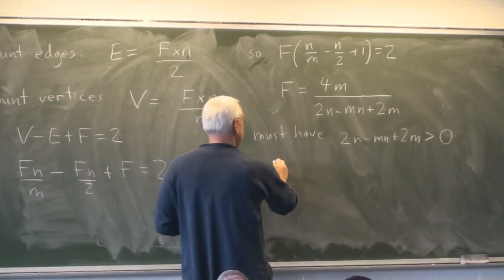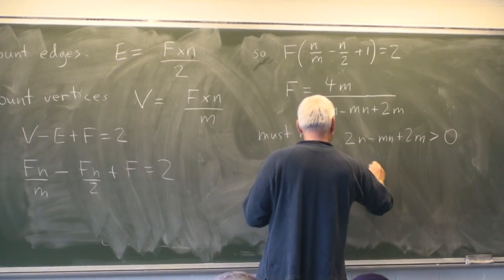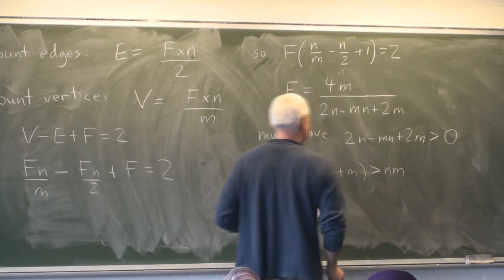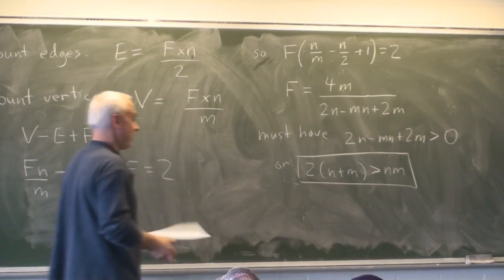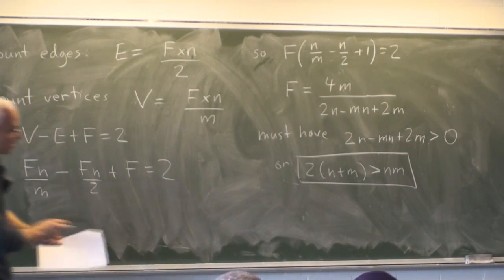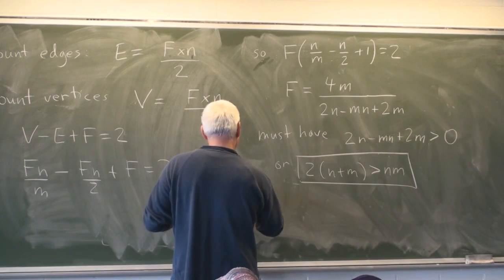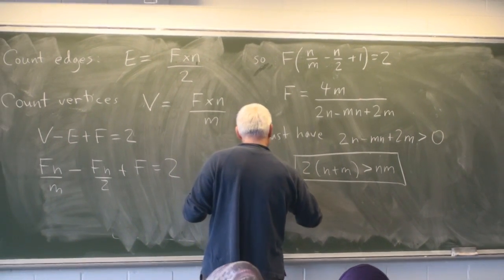And we can rewrite that as 2 times (n plus m) is bigger than n times m. That's a nice inequality that has to be satisfied between these two numbers n and m. All right, we can rearrange this just a little bit if we write this out as 2n is bigger than m times (n minus 2).